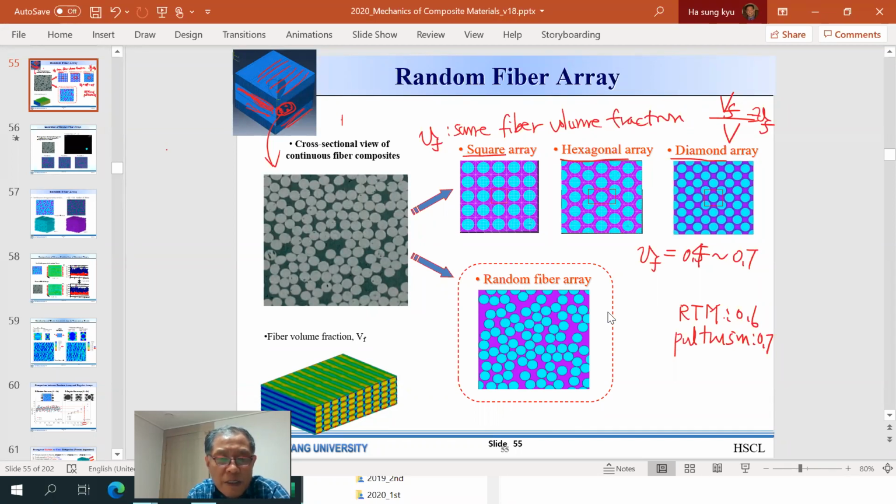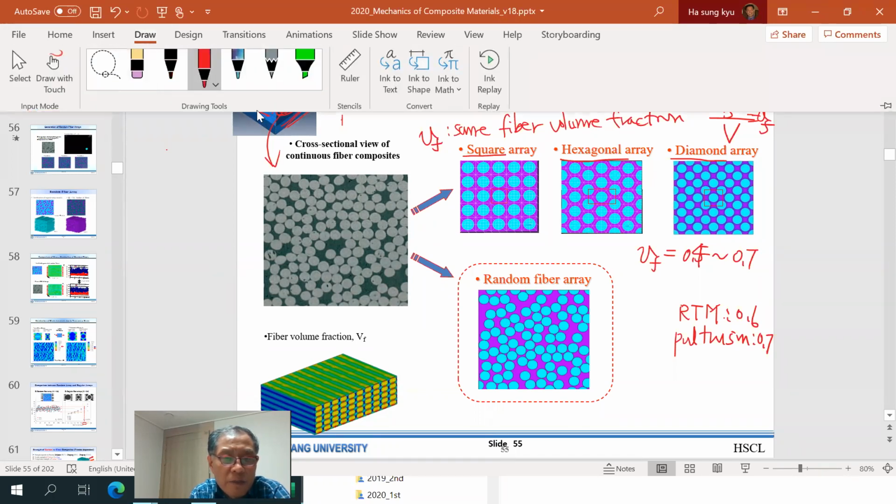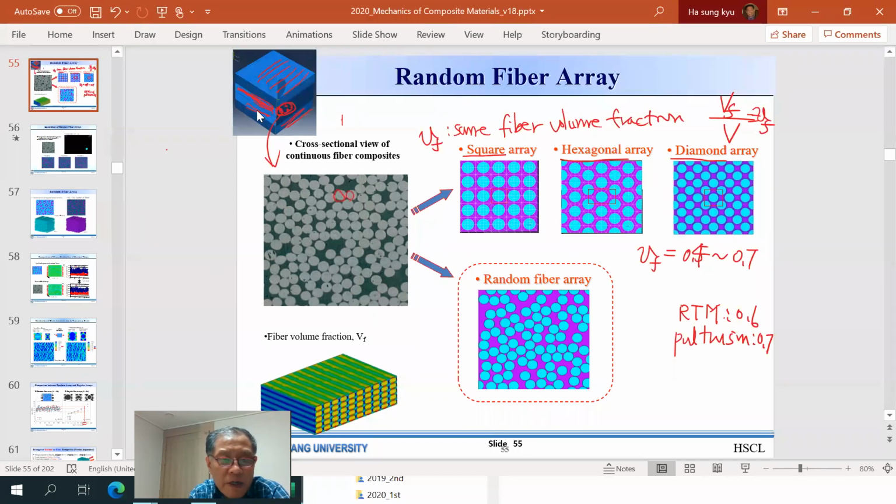But as you can see, the real cross-section is not regular like that. The real fiber arrangement is pretty much random. Random means that each fiber is not regularly arrayed. Their positions are pretty much random, but we have to have the same fiber volume fraction.